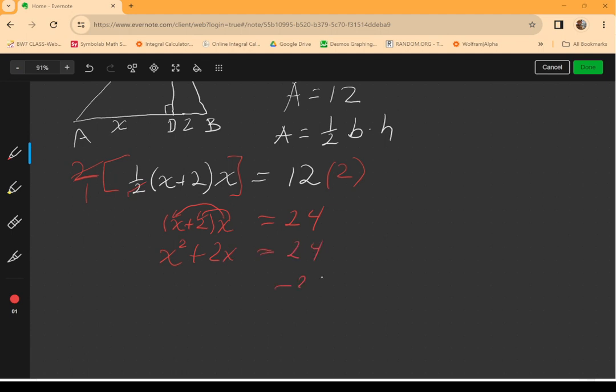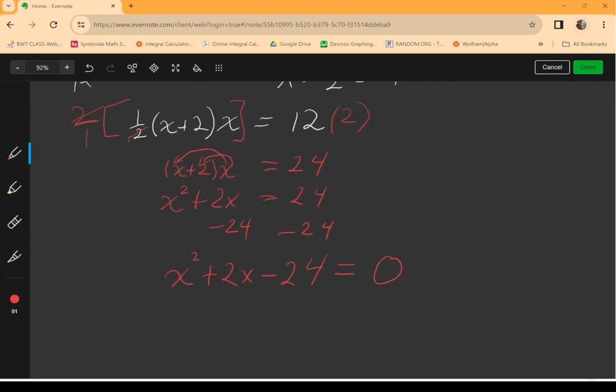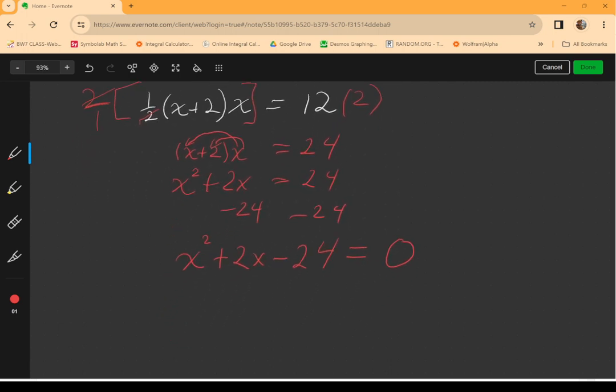Subtract 24 from both sides. There are no like terms here. So we have a quadratic, and as always, the quadratic formula works just fine, but I'm going to try to factor this, which I can. I'm looking for two numbers that multiply to negative 24 but add to a positive 2.